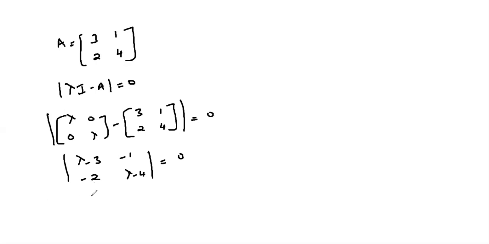Which we can expand into lambda minus 3 times lambda minus 4, the product of the major diagonal, minus the product of the minor diagonal, 2, will be equal to 0, which will give us lambda squared minus 7 lambda plus 10 equals 0.